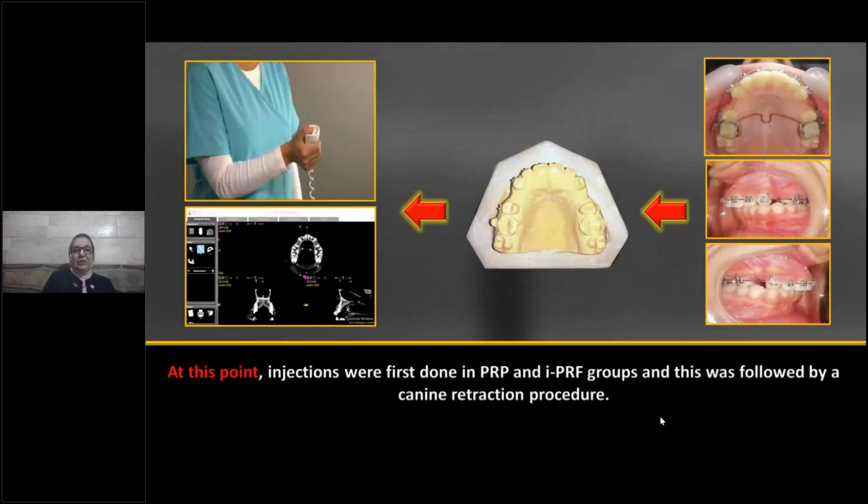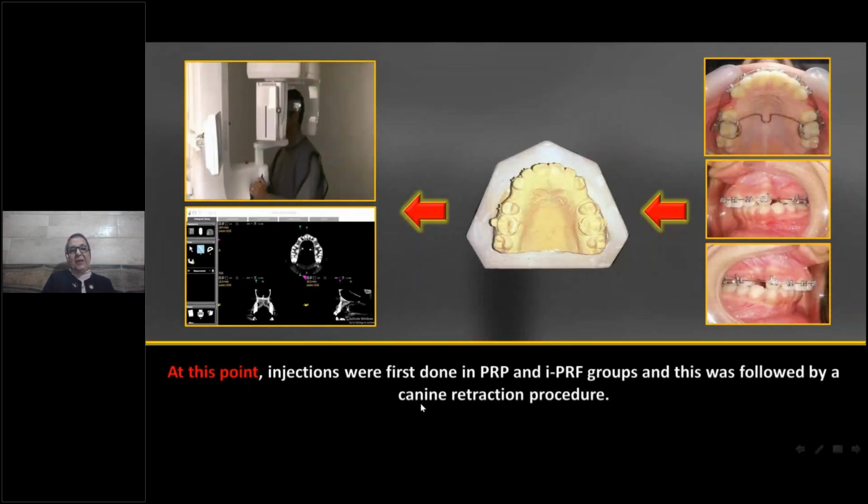At this point, injections were first done in PRP and injectable PRF groups, and this was followed by canine retraction procedures. We made a CBCT before retraction.